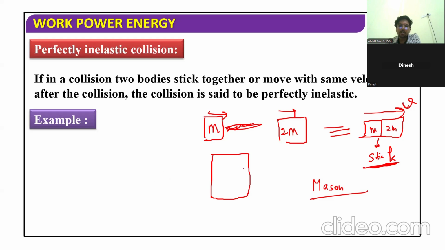And after collision, it sticks. The cement sticks; it is not coming down, up, right or left. Perfectly inelastic collision: you take wet cement and put it on the ball. That is a perfect example of perfectly inelastic collision. Here, two bodies stick together and move with the same velocity after collision.